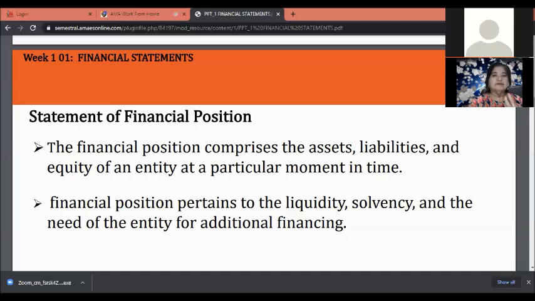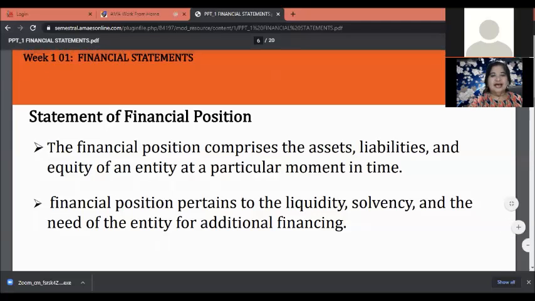Say, for example, you are required to prepare your financial position related to what? BS, di ba? Financial condition is more of your IS. Those are keywords to remember for you not to be confused. That's it. Financial position is your BS. Financial condition is more of our IS.